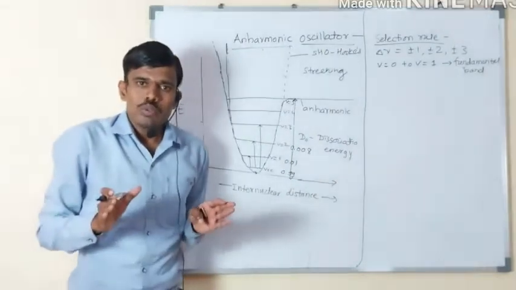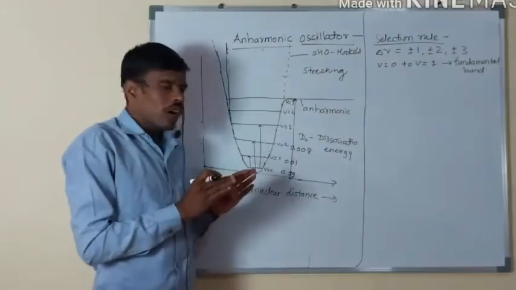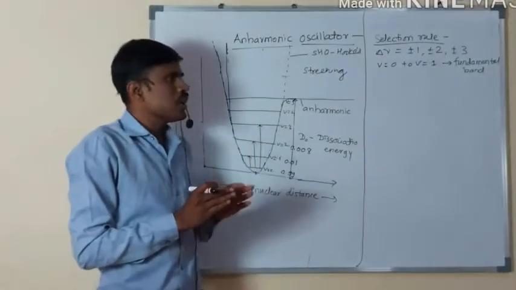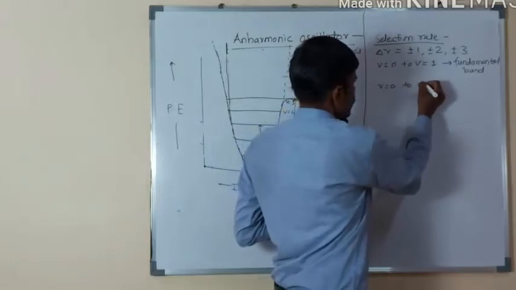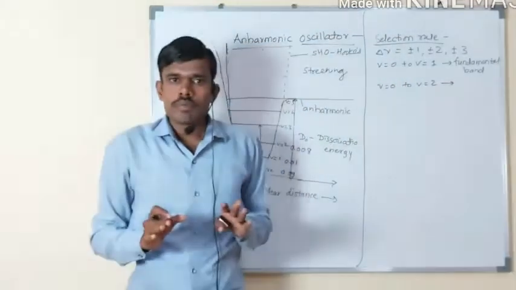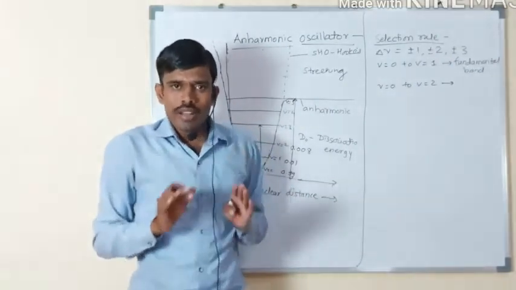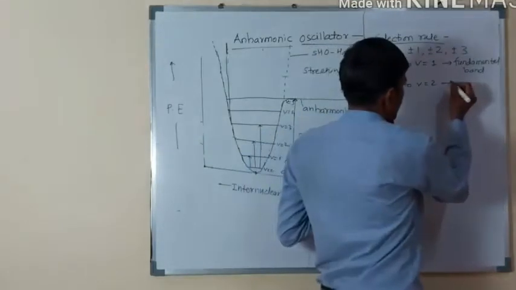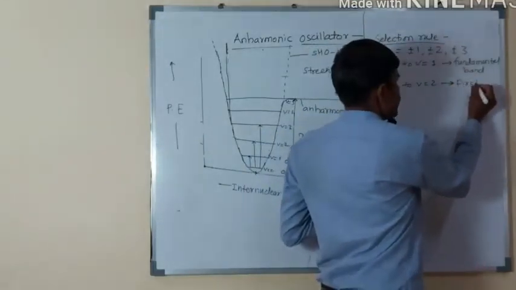The band which is observed in the spectrum due to the transition from V equal to 0 to V equal to 2 is called the first overtone band.